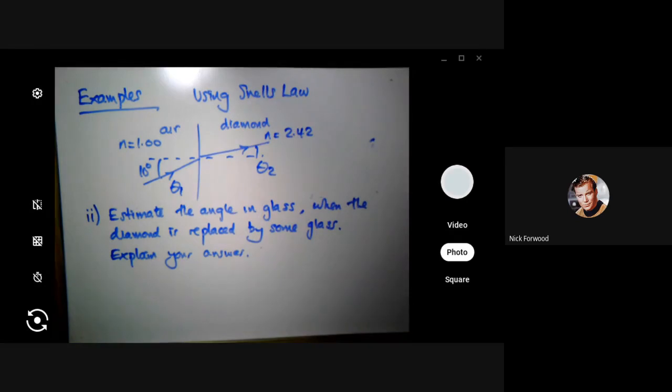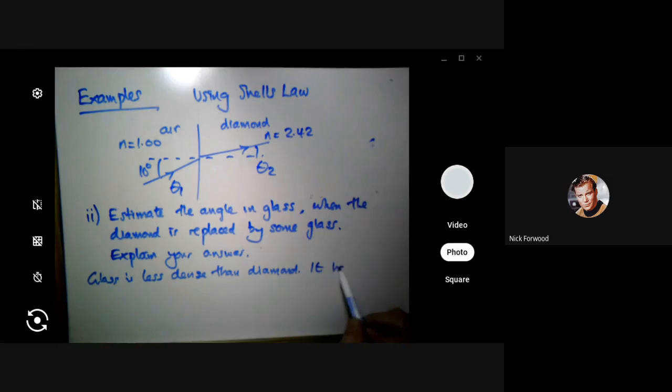Right. So how do we do that? We know that glass is, so this is what you're going to do, something like this. Glass is less dense than diamond.